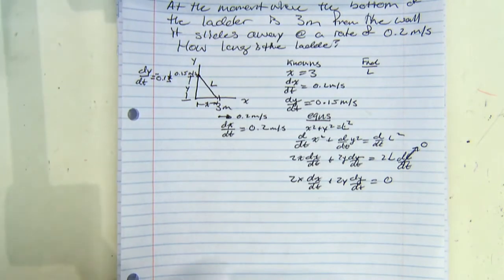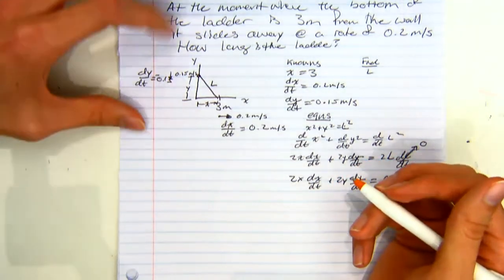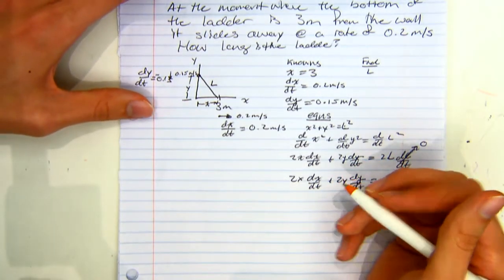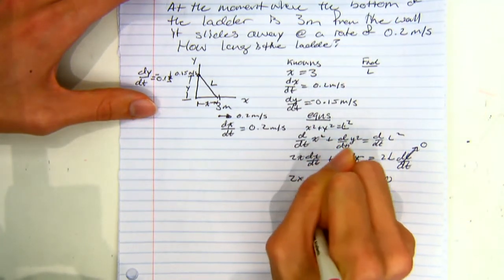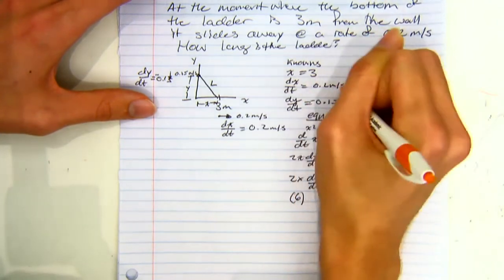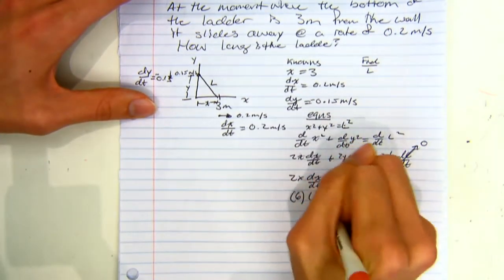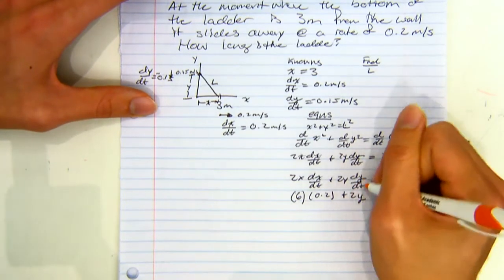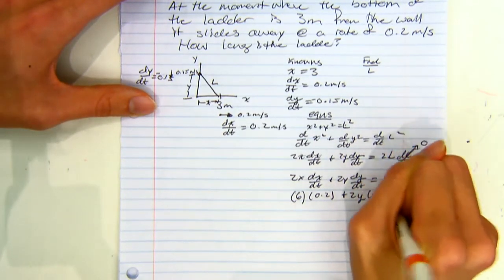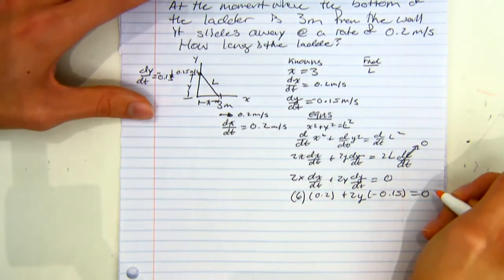Sorry, I'll keep going until I get to the decimals. So plugging in everything that we know, dx/dt is equal to 0.2, plus 2y, and our dy/dt is negative 0.15, equal to 0.